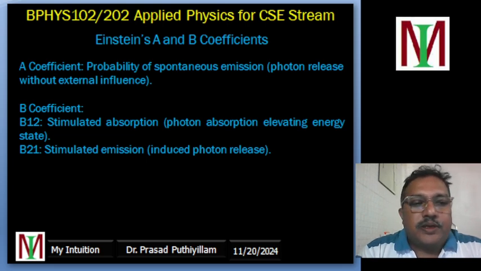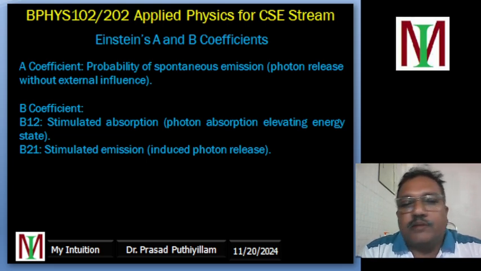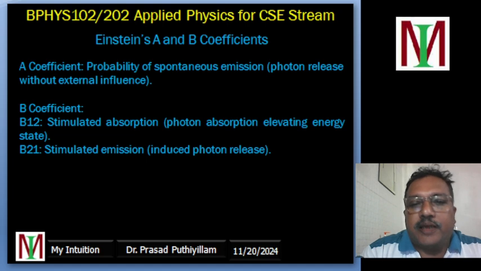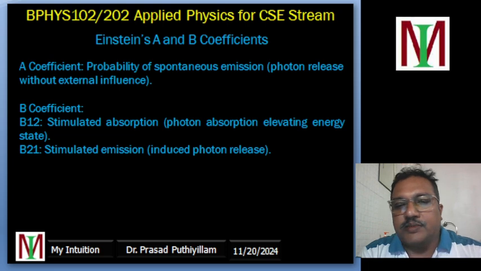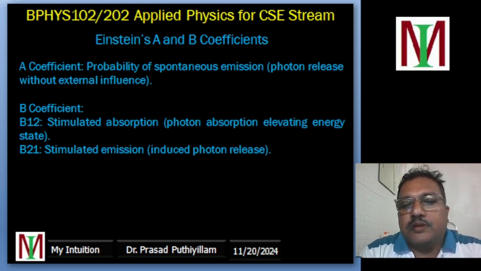So the story goes back very long, to how Einstein started thinking about the A and B coefficients, which later ended up in the laser and fiber optic applications that we see in this module. Earlier, scientists were very curious about how objects glow when they are heated.